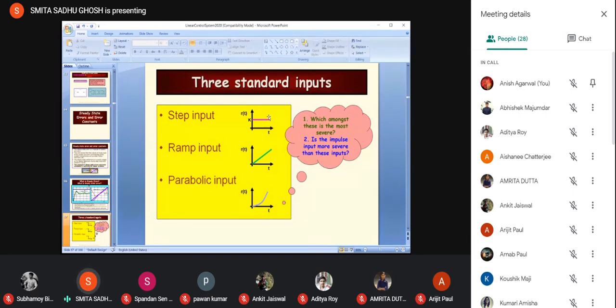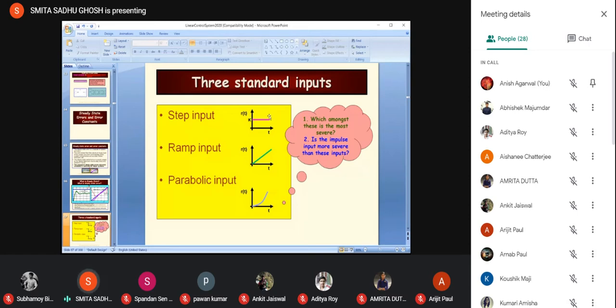So the step input, which apparently remains constant over time, physically amounts to keeping the input applied even after that initial instant where you changed it instantaneously. So that is what a step input is.